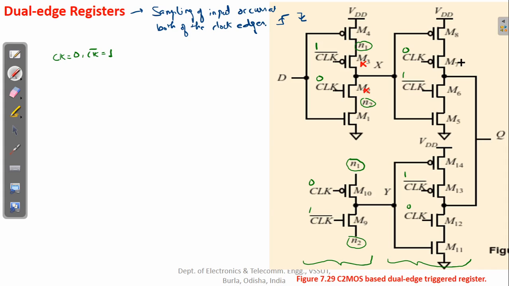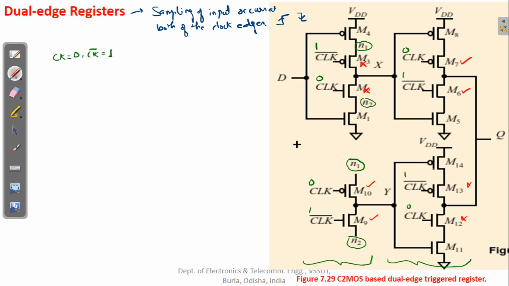Okay, M7 would be on, M6 on. Then here the M10 is on, M9 is on, M13 is off, M12 is off. So basically this particular stage is in hold mode because the nearer transistors are off, and this node is neither connected to high or low, right, this node, and this stage is in transparent mode, this stage transparent, and this stage is in hold mode.